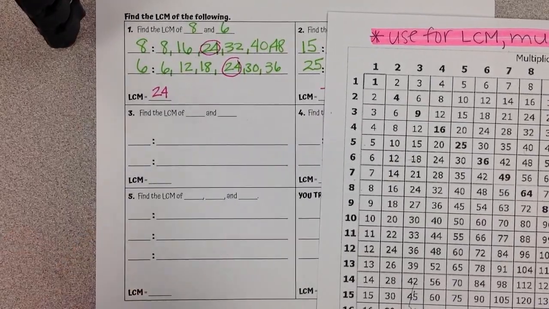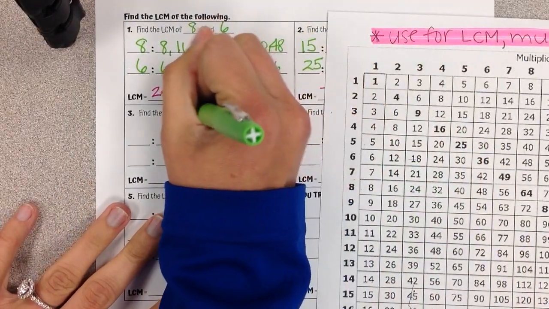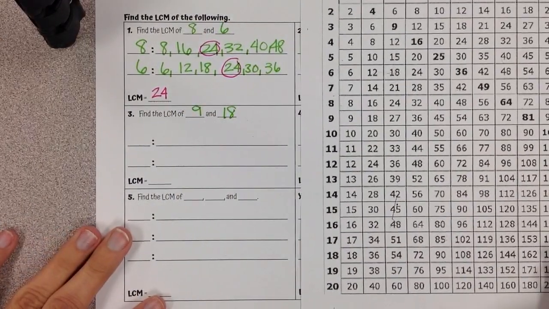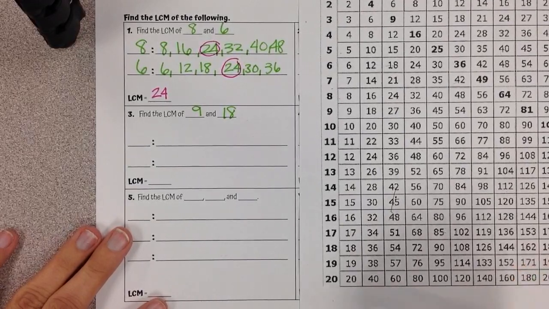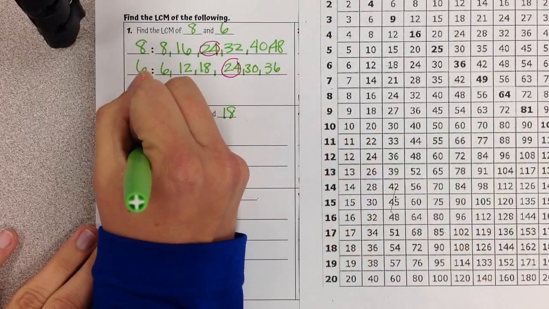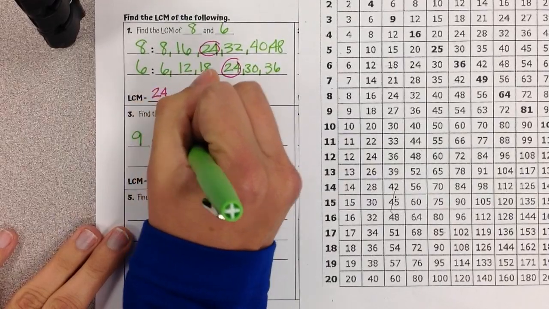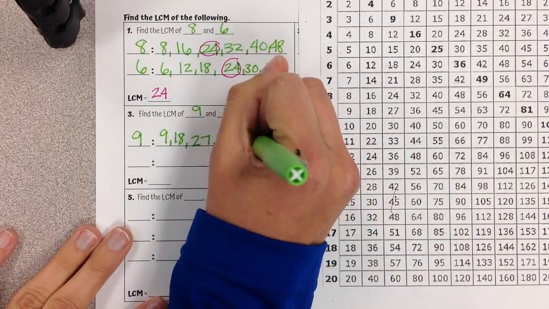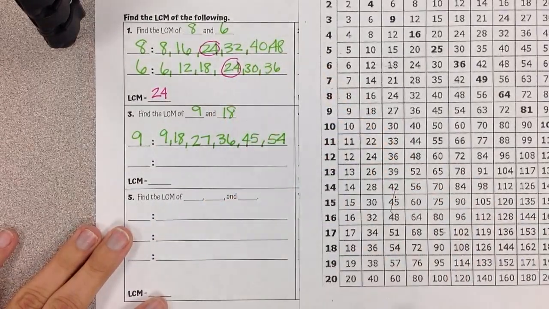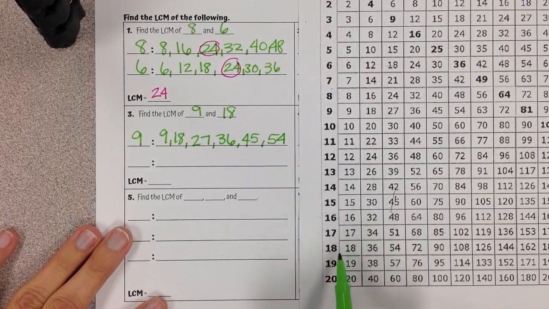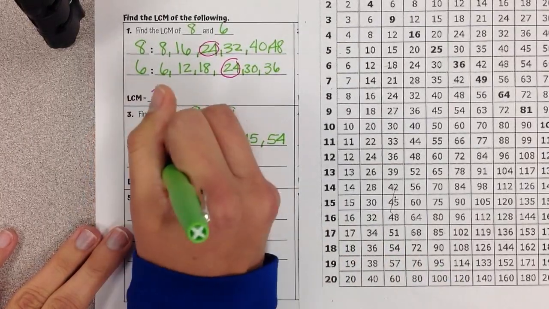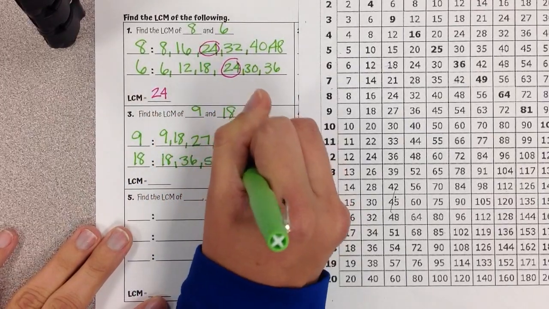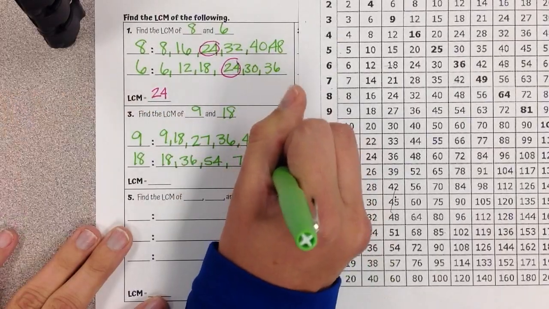All right, find the least common multiple of 9 and 18. So let's list out some multiples for 9 right here. 9, 18, 27, 36, 45, 54. Let's list them out for 18. 18, 36, 54, 72, 90.